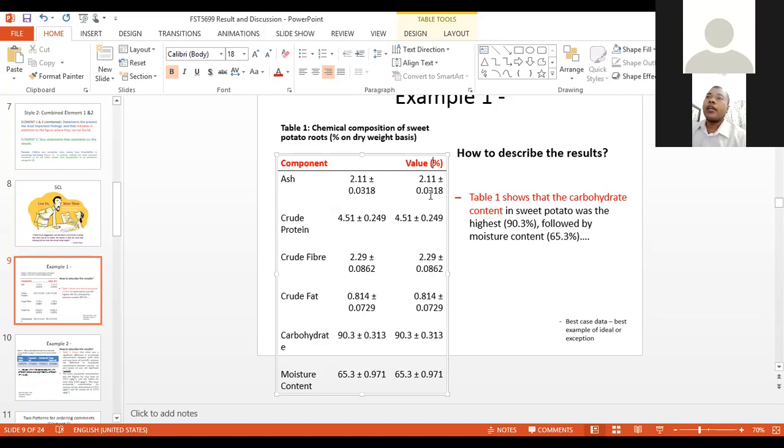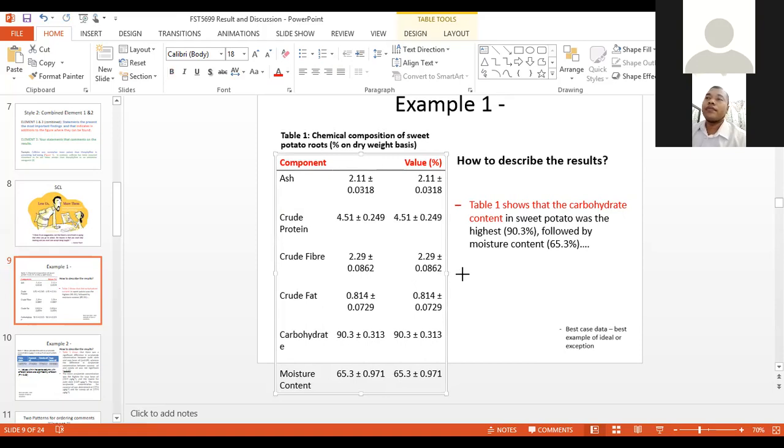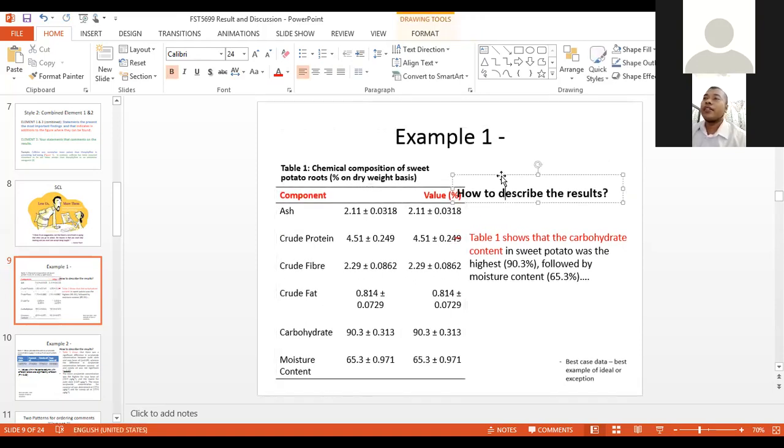Okay, and then it should be followed by standard deviation or standard error mean with how many decimal points. So how to determine what is the good decimal point? Based on what?